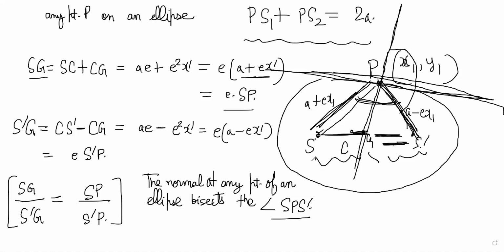This will be true for all ellipses. So it doesn't matter what kind of an equation it is. It will always be true. Then there is also stuff like locus of point of intersection of tangents which meet at right angles. Basically, director circle, right?